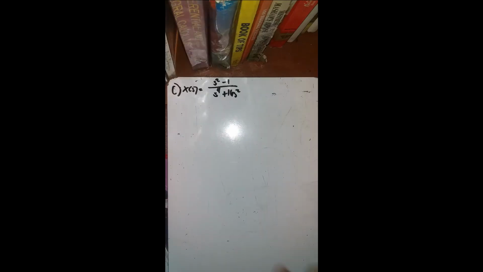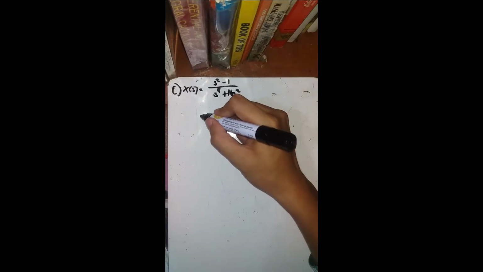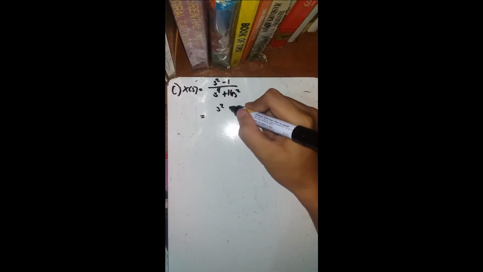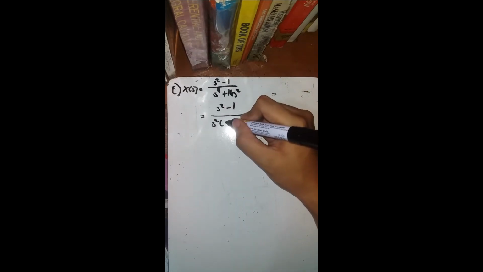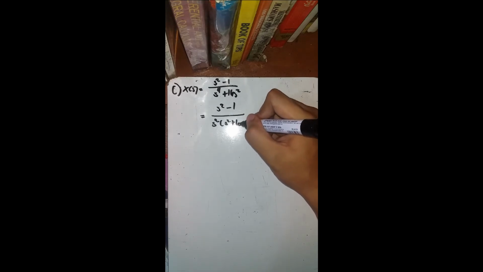Next problem, we have s squared minus 1 over s to the fourth plus 16 s squared. Again, our first rule of thumb is to simplify the denominator if possible. So you have s squared minus 1 all over s squared times s squared plus 16.